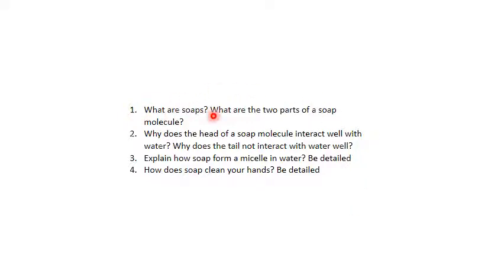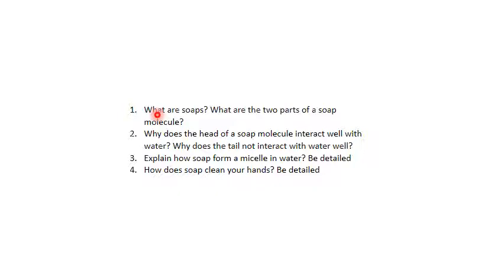Okay, what are soaps? Well, what are the two parts of a soap molecule? A soap molecule is a fatty acid that's had the carboxyl group, the COOH, changed. The H has been removed and a negative charge has been put on it.